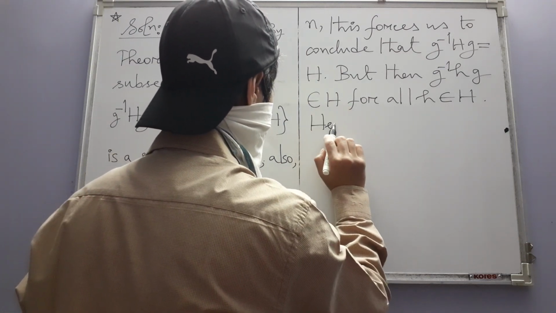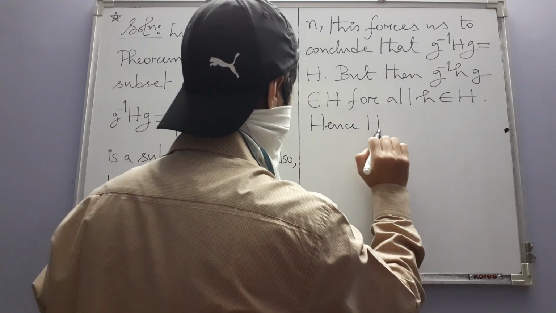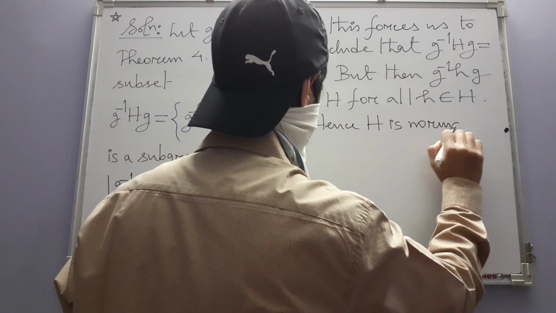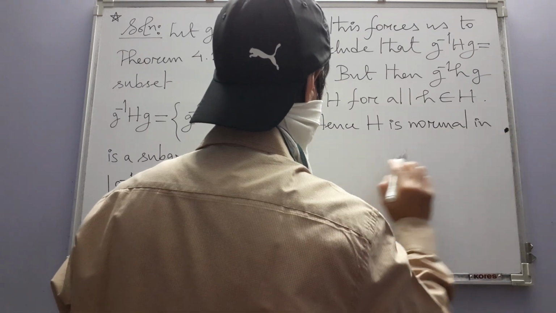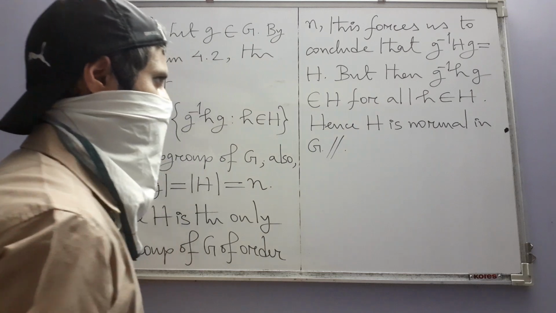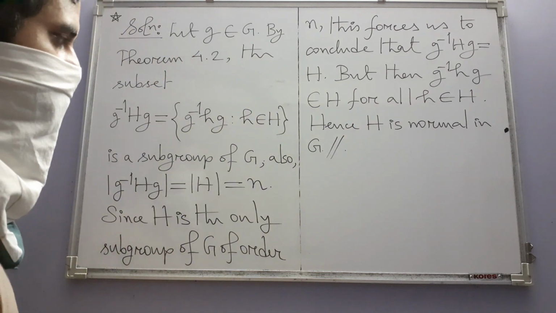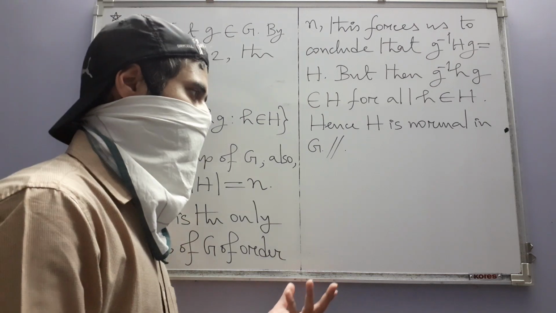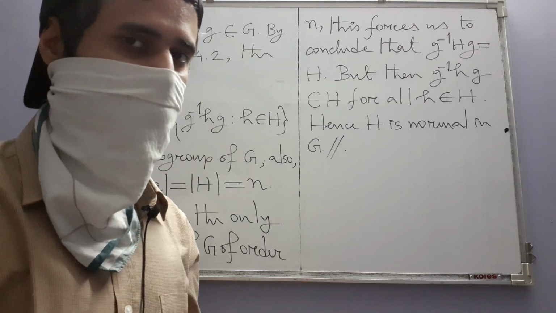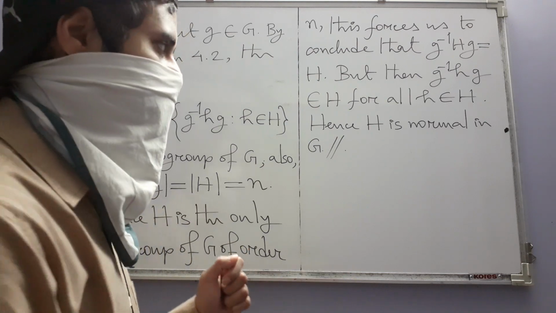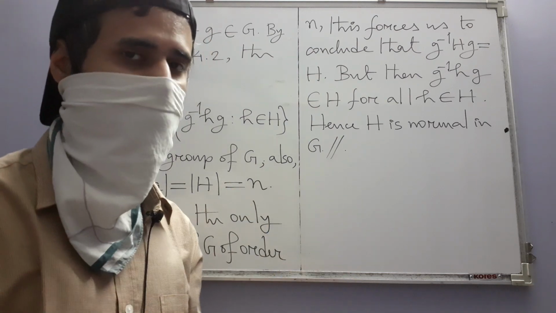Hence H is normal in G, and this completes the solution. So this means if we encounter in a group some subgroup which is the only subgroup of that order, a finite subgroup, then it must be normal.